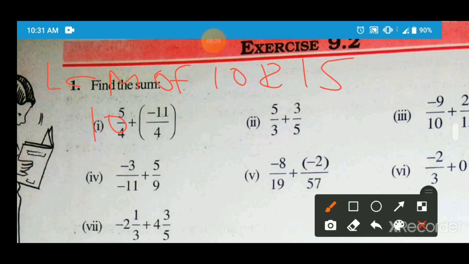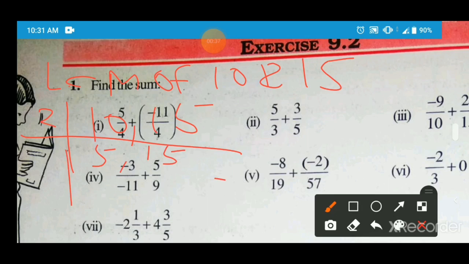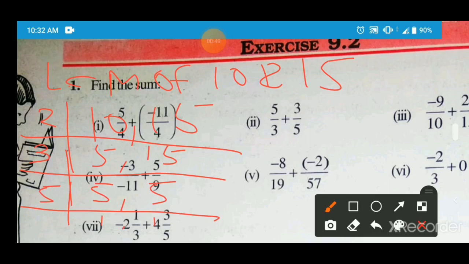So it is 10, it is 15 divided by 2. 2 5s are 10. 15 as it is because it is not divisible by 2. Then we divide by 3. It is 3 5s are 15. Now the 5. So it is 5 1s are 5, 5 1s are 5.